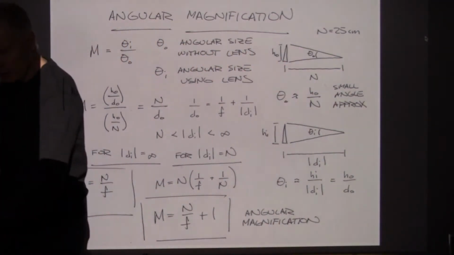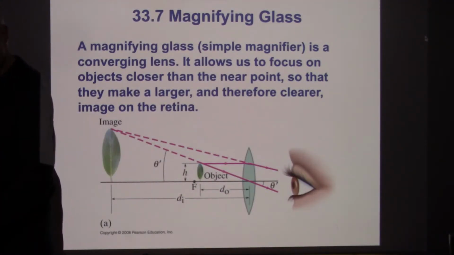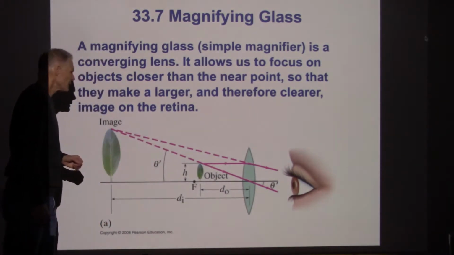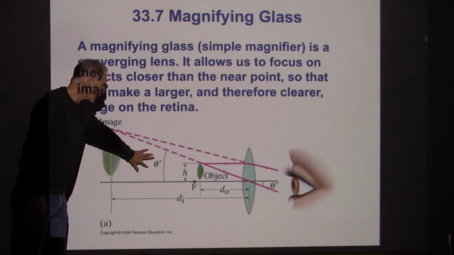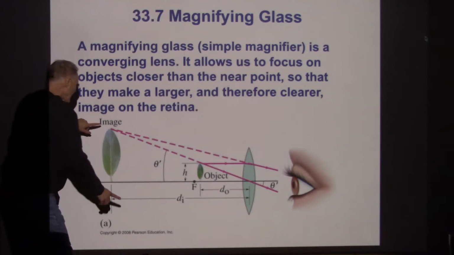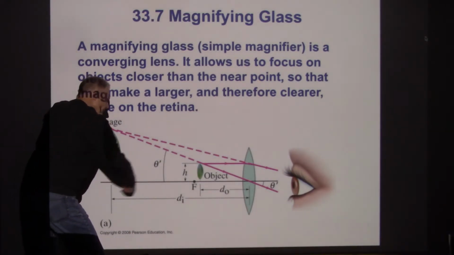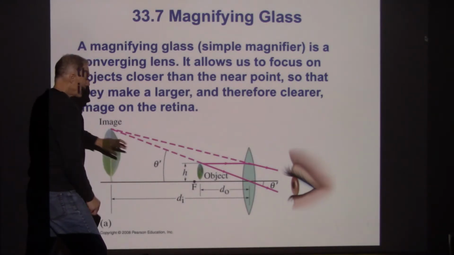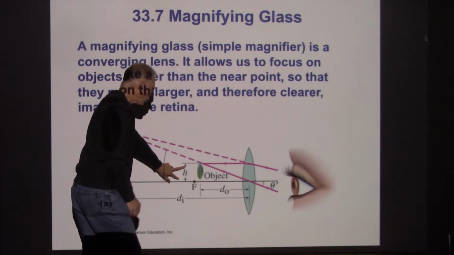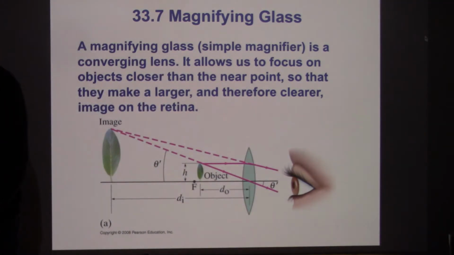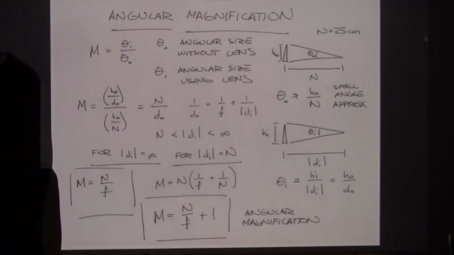I thought I had drawn it in here. Let's see. Okay. So let's take a look at this diagram. It says that the angular size of this image is given by HI divided by DI. Well, HI over DI is the same thing as HO over DO. So I can plug that in.